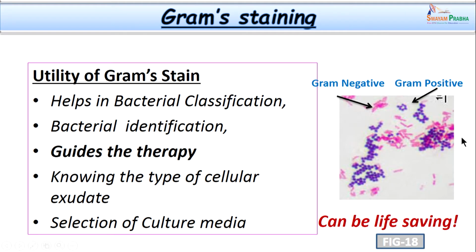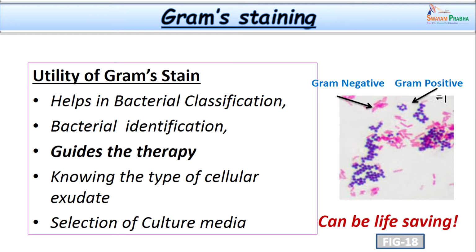When we focus the slide under the microscope, we can see the bacteria like this. In this picture, you can see Gram positive cocci and Gram negative bacilli. Gram staining has a lot of clinical applications, and sometimes it can be a life-saving staining technique. It not only helps us identify the bacteria, it also helps in their classification and guides therapy.